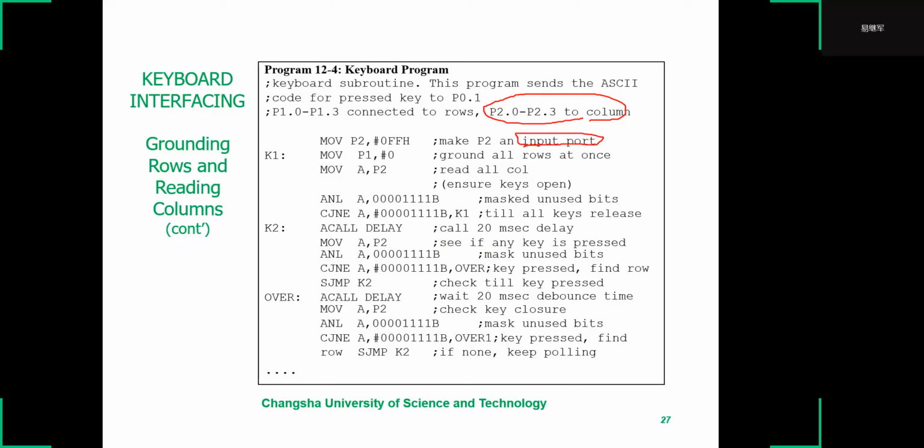So ground all rows at once. P1 is connected to the rows. Read P2 and analyze the result.